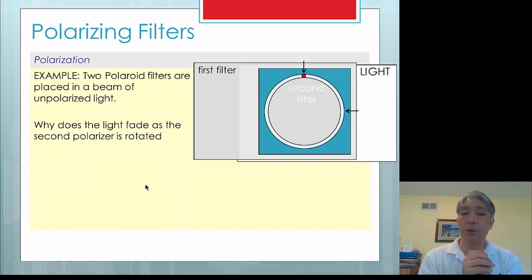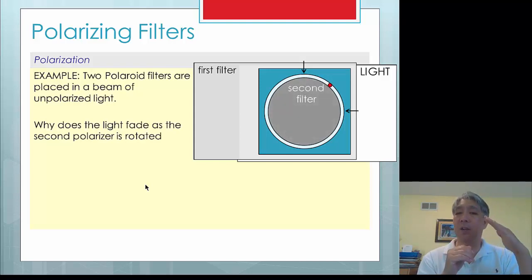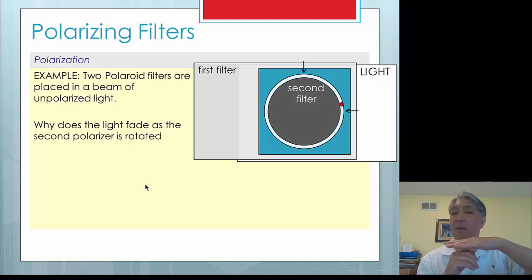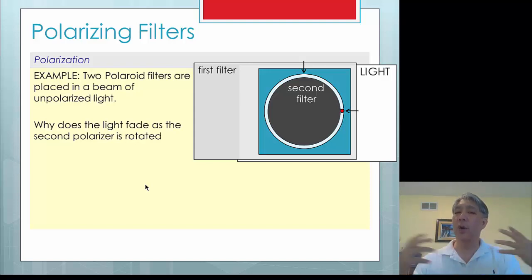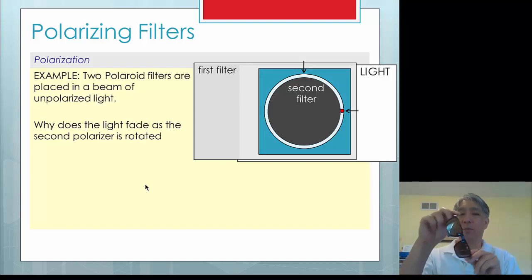However, if I start to rotate that second one, then less and less of that component of the electric field will get through, until I get to 90 degrees. At 90 degrees, there's no component of the light from the first filter that gets through the second filter. So you end up with no light getting through, which, if you took your polarized sunglasses, you may have noticed in terms of the rotation.